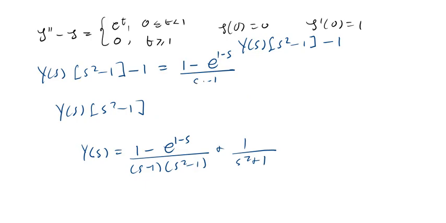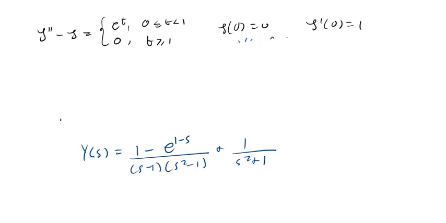So what is remaining is just to find the inverse, right? So your Y of s will be equal to this. This one right here, we can break down into its equivalent partial fractions so that we separate it.